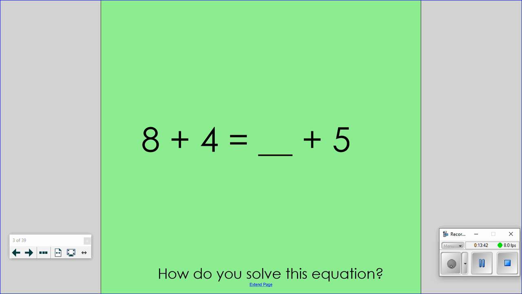Yeah. Normally, we're used to just seeing 8 plus 4 equals, and then we write in the total. But we can't ignore the plus 5. That is still important. So how are we going to solve this problem? It's not 12.